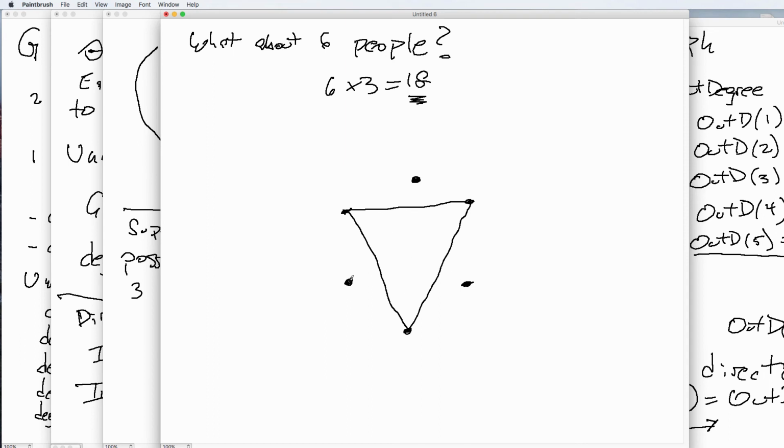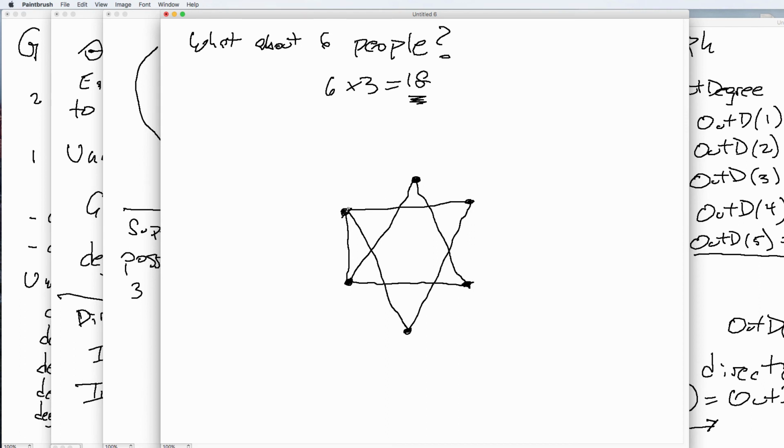And now let's come over here and do this. And now amongst these 3 people, everyone knows 2 people. So now what I'm going to do is connect this one to this one.